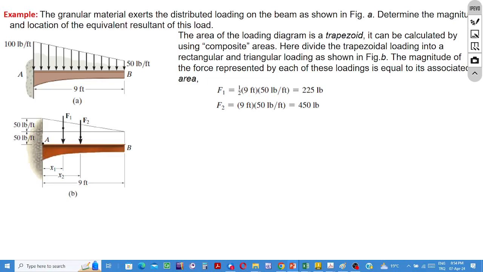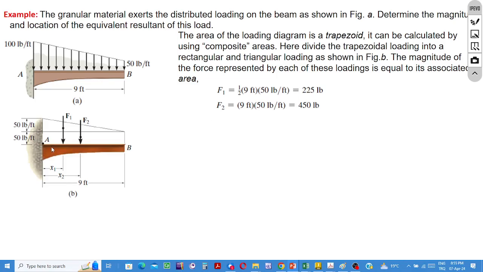If we calculate the area of the rectangle and the area of the triangle, these are the values. F1 is the resultant that corresponds to the area of the triangular portion. It is 225 pound force.